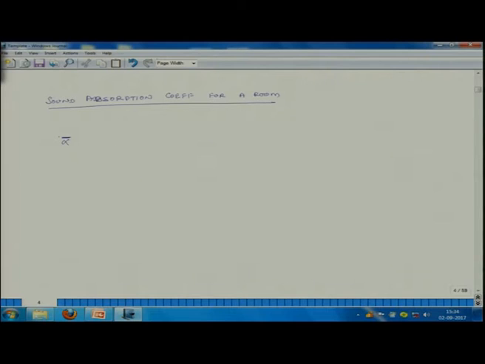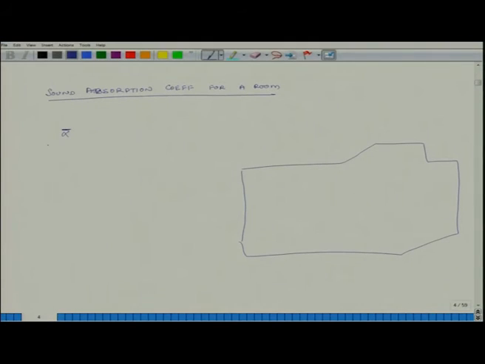So, suppose you have a room, so we have a room and it has different surfaces. So, this is surface 1, this is surface 2, surface 3, surface 4, surface 5, 6, 7, 8, 9. There may be other surfaces also, this wall and the other wall, okay.